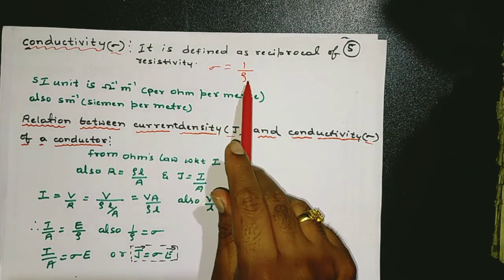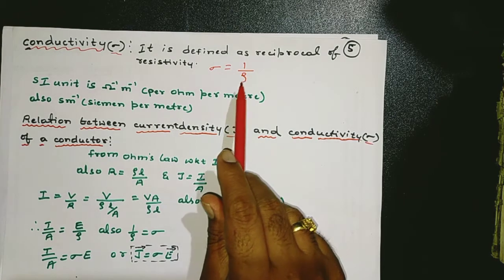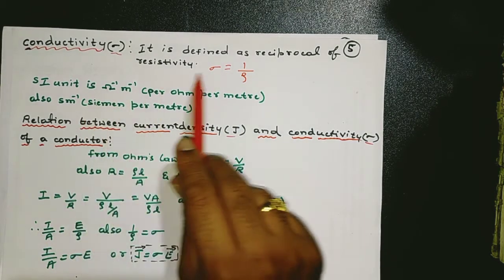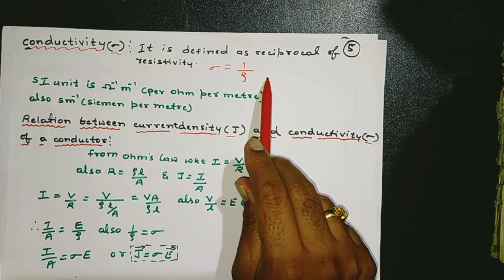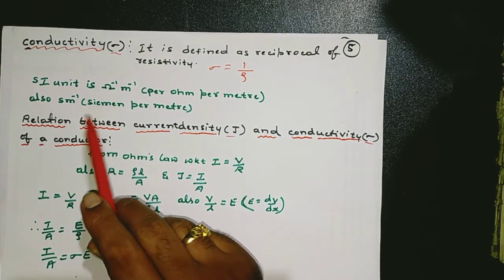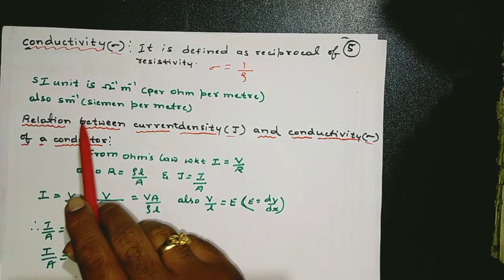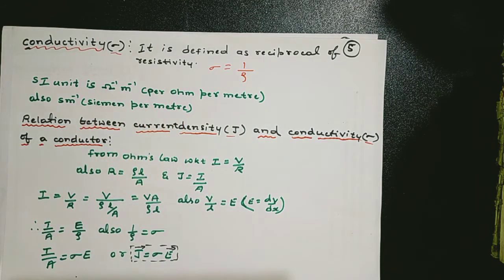Sigma is given by 1 by rho. Rho represents resistivity, sigma is conductivity. So what will be the SI unit? For resistivity, we have written it as ohm meter. So conductivity is per ohm per meter or Siemens per meter. That's also the unit of conductivity.